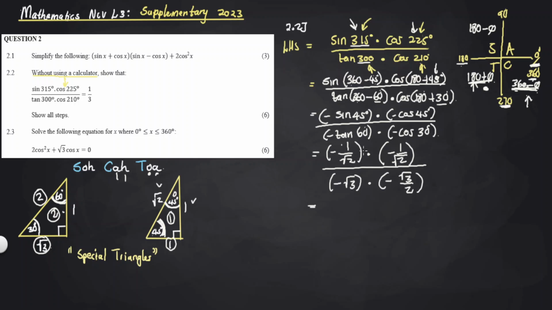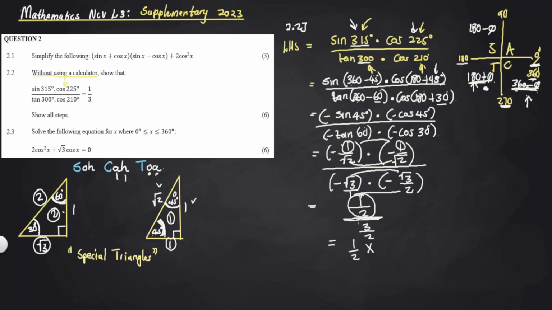Then we simplify. Numerator times numerator: this one multiplies that one, it gives us 1. A negative times a negative is a positive. Square root 2 times square root 2 gives us 2. Multiplying the denominators, square root 3 times square root 3 gives us 3, and this 1 times that 2 gives us 2. Negative times a negative is a positive. So a positive half over a positive 3 over 2 is going to be a half divided by 3 over 2.